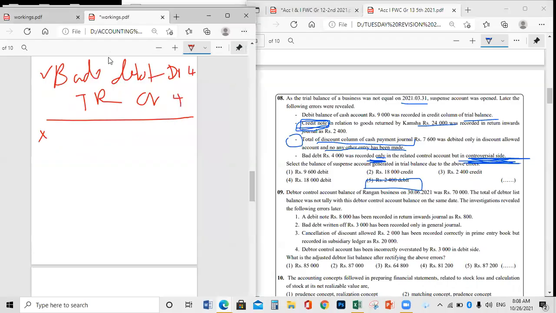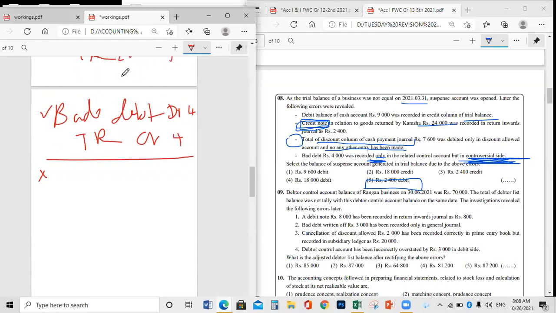Because they say only in the control account, that means they have recorded in the trade receivable only. And which side? It should be recorded in the credit side, but they recorded in the opposite side, in the debit side.